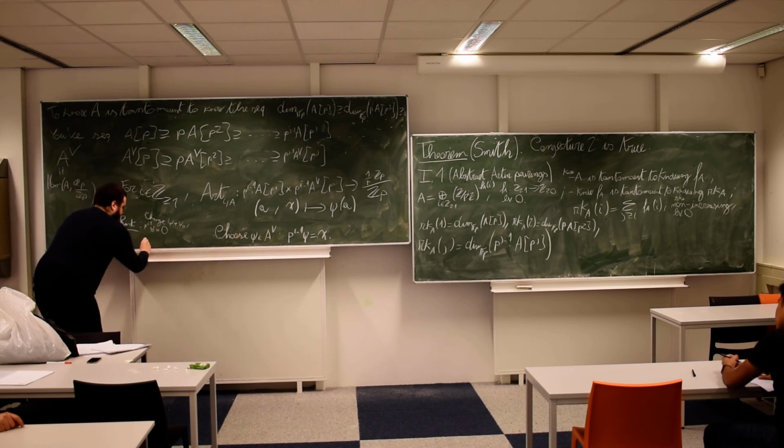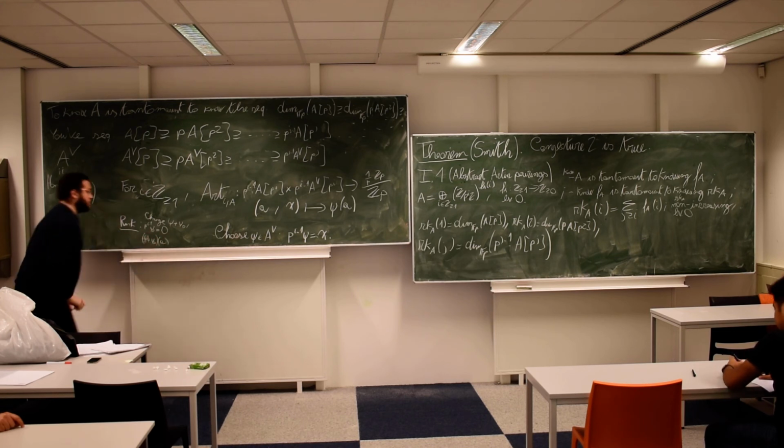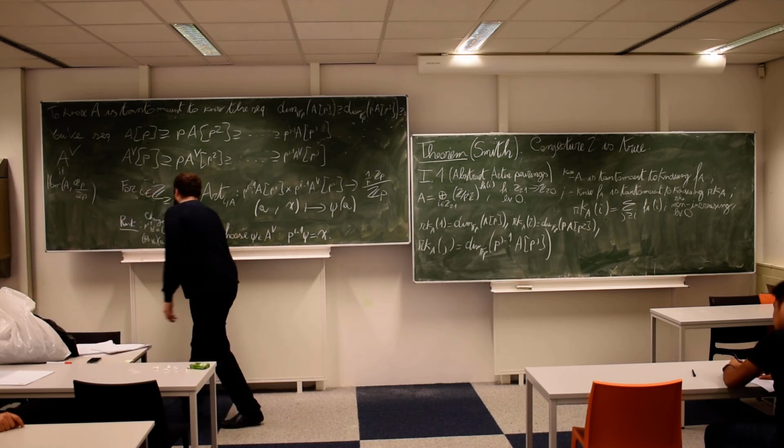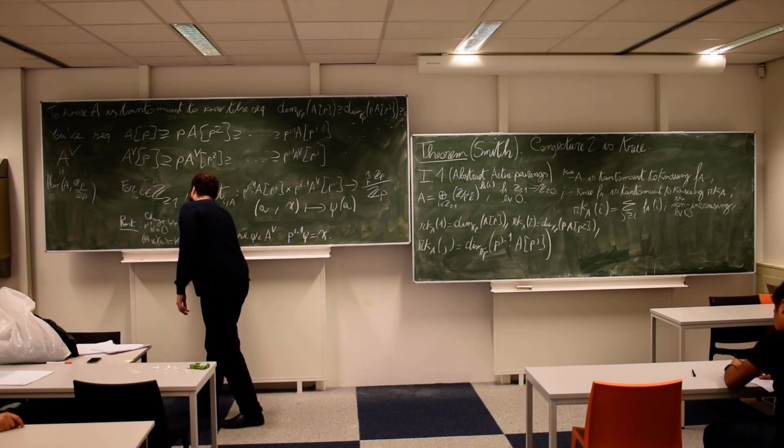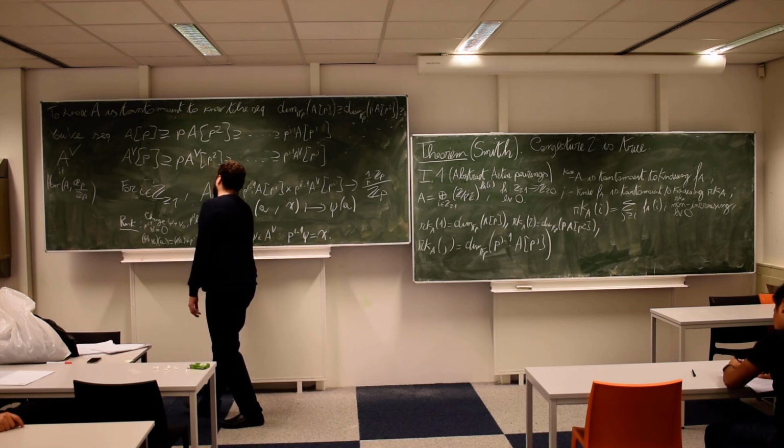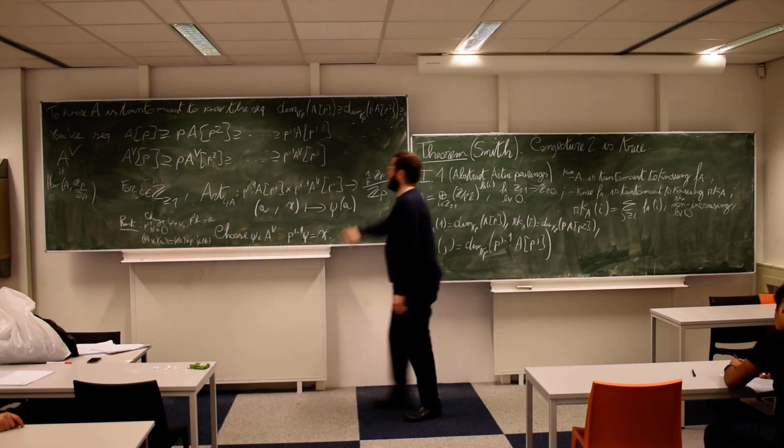Then if you evaluate psi plus psi 0 in a, this is psi of a plus P to the i minus 1 psi 0 of b, where b is such that P to the i minus 1 of b is a, and that exists because a is there.